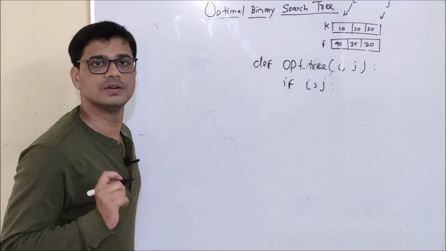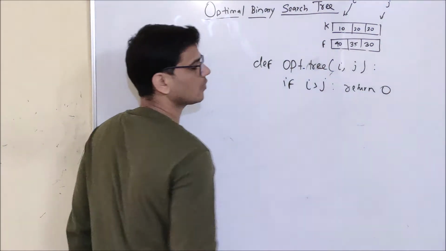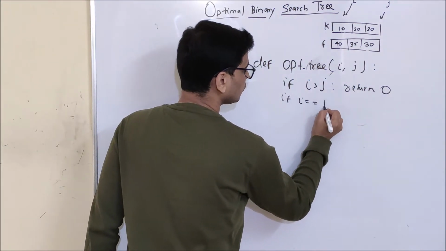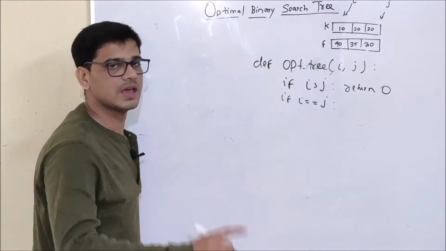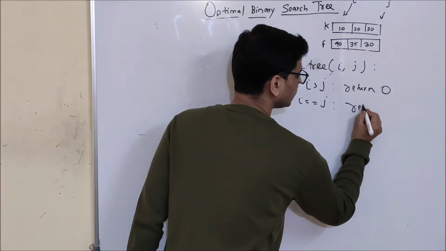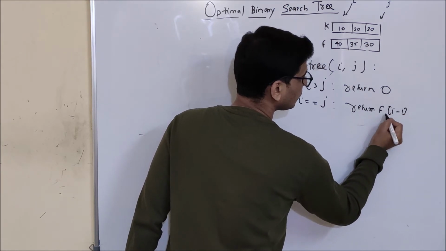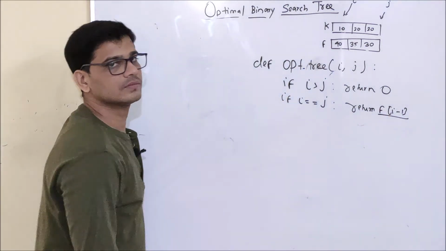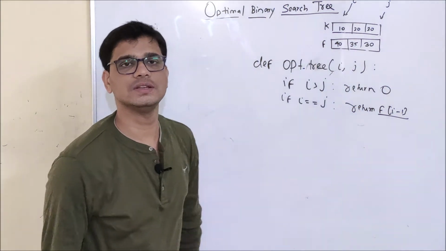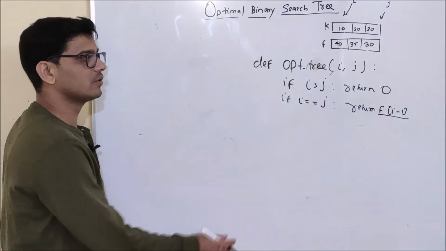The answer is no, so I will return 0 from here. If i is equal to j, what does it mean? I have only one key to look for. So I will return the frequency of that particular key, which I will find at index i minus 1 of this frequency list. Basically these two will be lists as we are coding in Python.